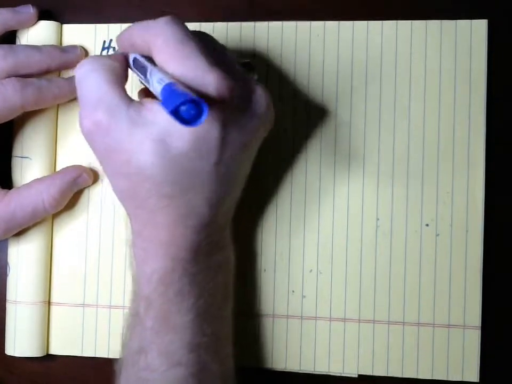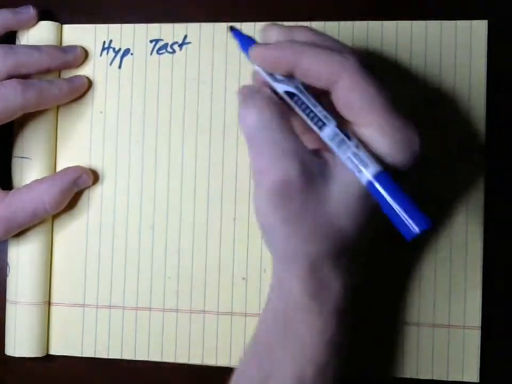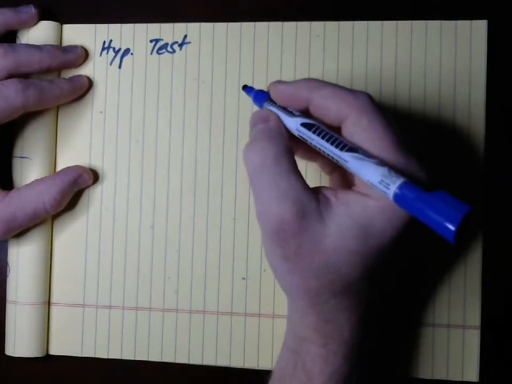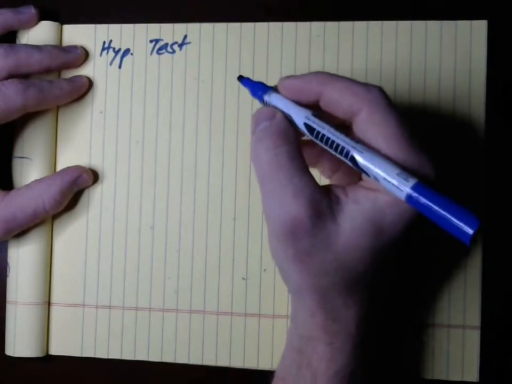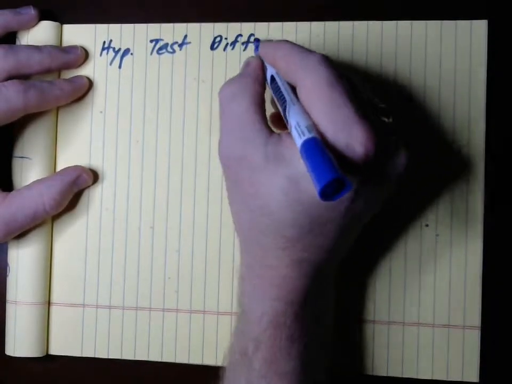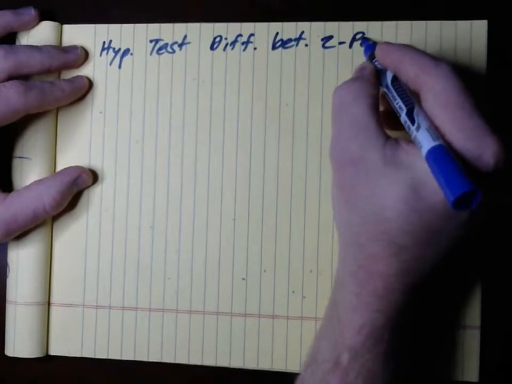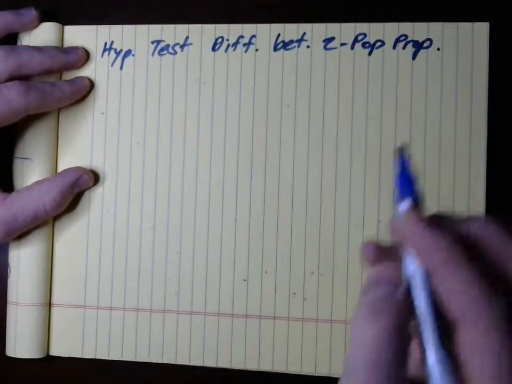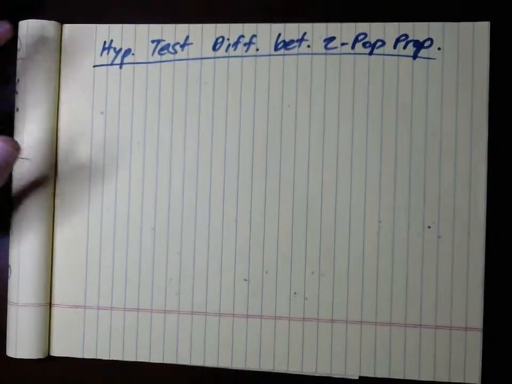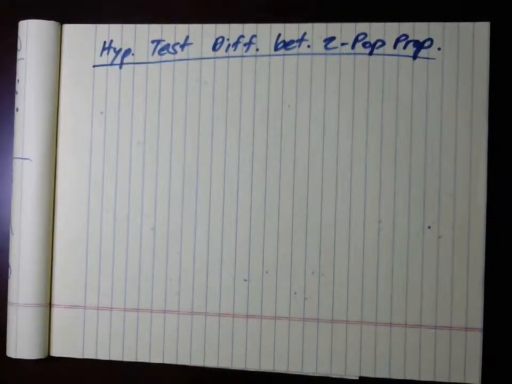So first off, similar to Chapter 10, we have preliminary checks that you have to do for a hypothesis test regarding the difference between two population proportions.